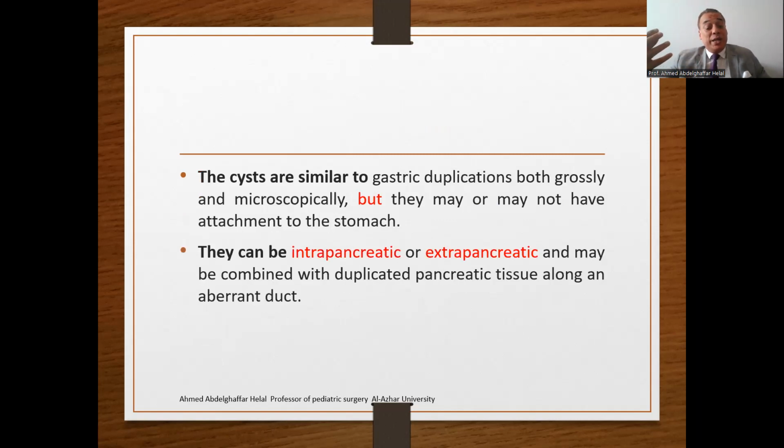The cysts are similar to gastric duplication, grossly and microscopically, but they may or may not have attachment to the stomach. They can be intrapancreatic, extrapancreatic, or combined with duplicated pancreatic tissue along an apparent duct.